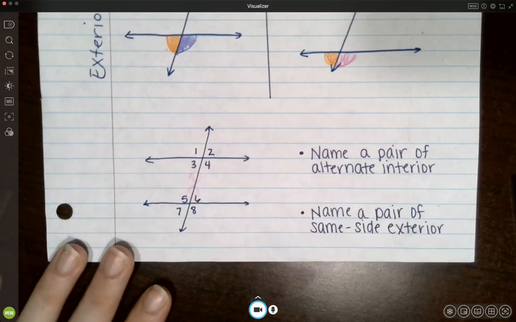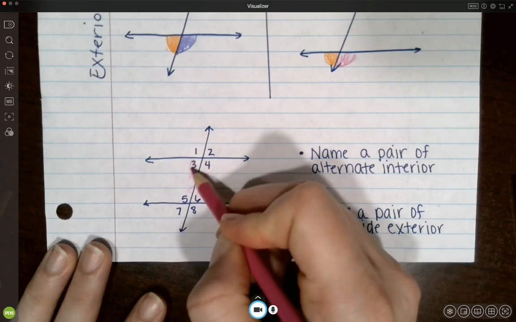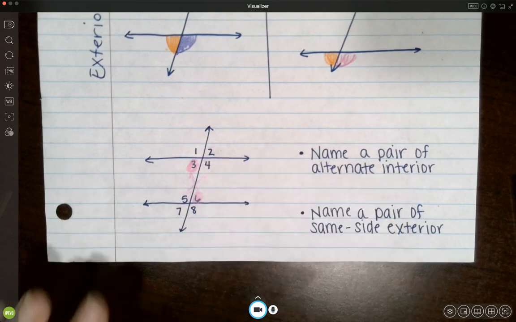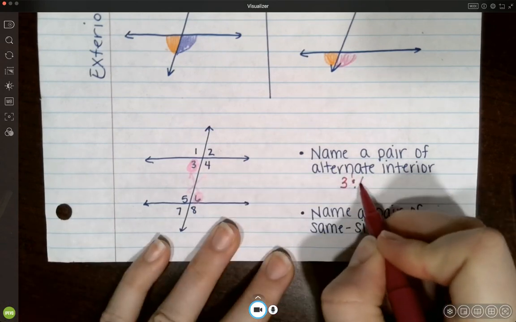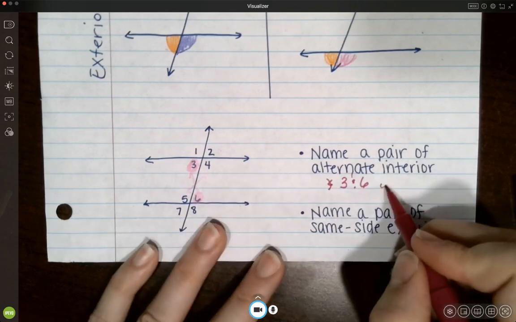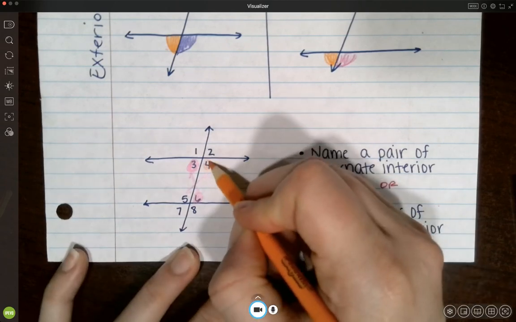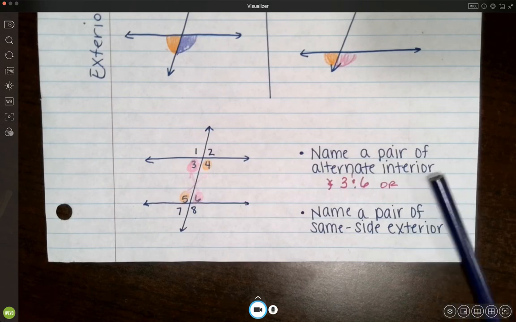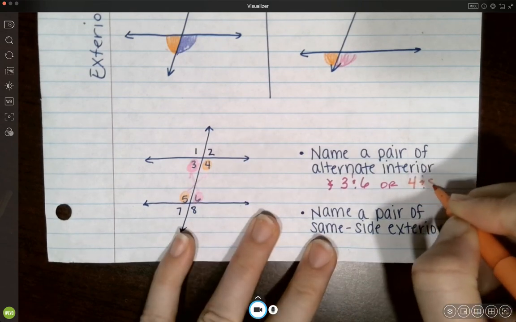So I could have an angle pairing of 3 and 6, and that simply means angles 3 and 6. Or we can have an angle pairing of 4 and 5, because again, we're working with alternate and on the inside.